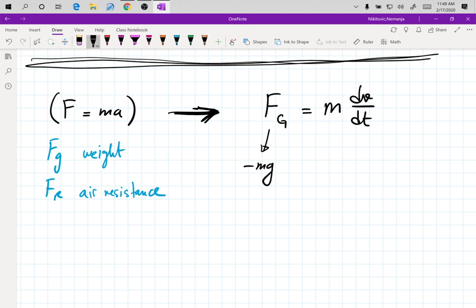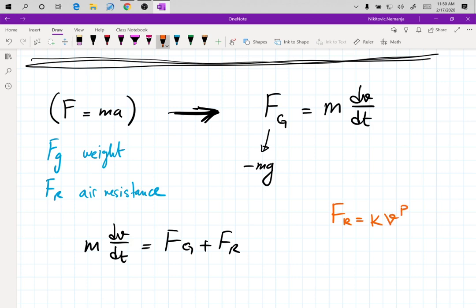So now here is our new equation: m dV/dt is equal to Fg plus Fr. And the Fr equation, that's another side note, is going to be given by k times velocity to some power p.